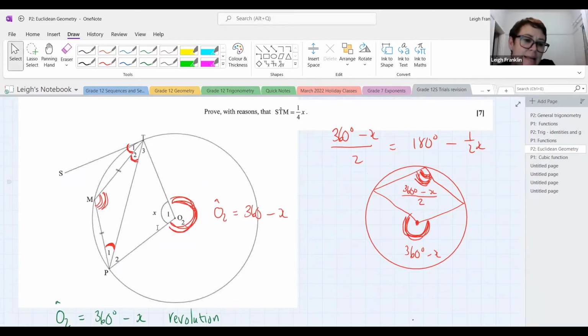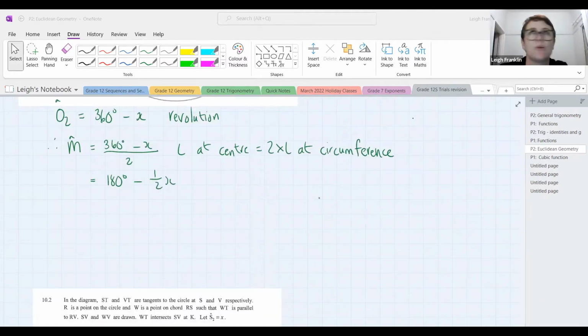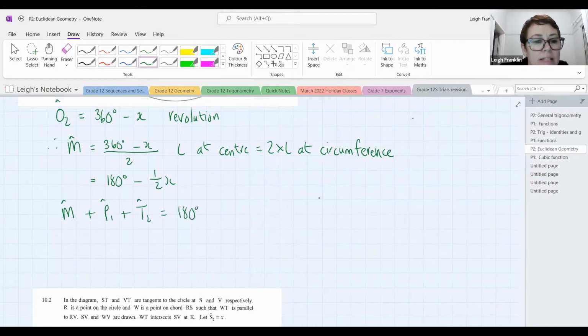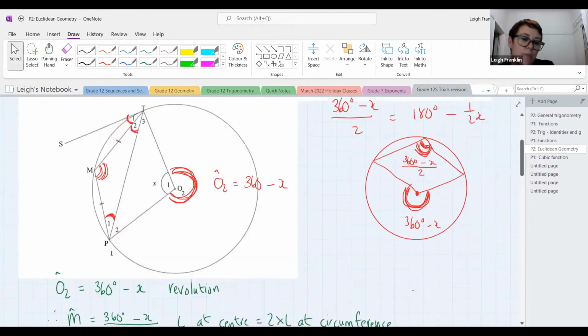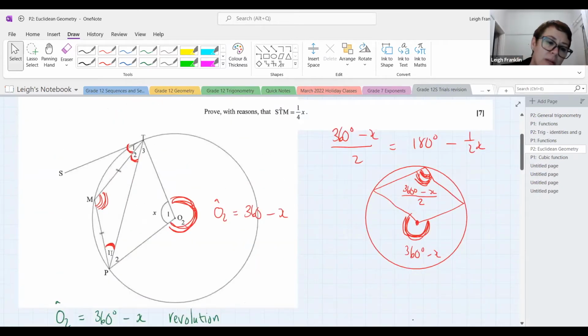So now, Kanyisile said, if we add M and P1 and T2 together, we get 180 degrees because we've got a triangle. So M plus P1 plus T2 equals 180 degrees because of the angles of a triangle.